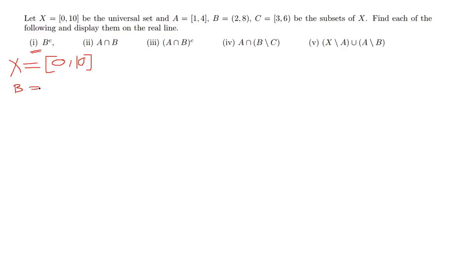B is equal to (2,8). When you look at this (2,8), you first have to ask yourself, are 2 and 8 part of the set B? And when you look at the kind of brackets that have been used there, you can agree with me that 2 and 8 are not part of the set.